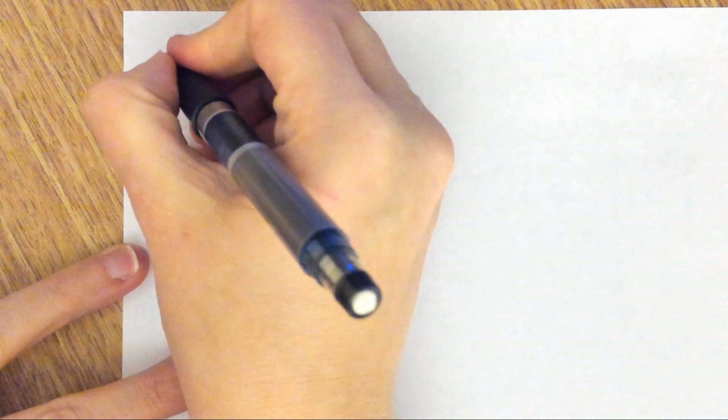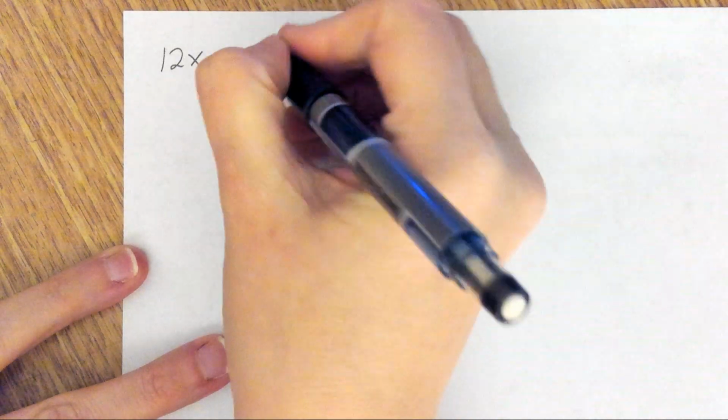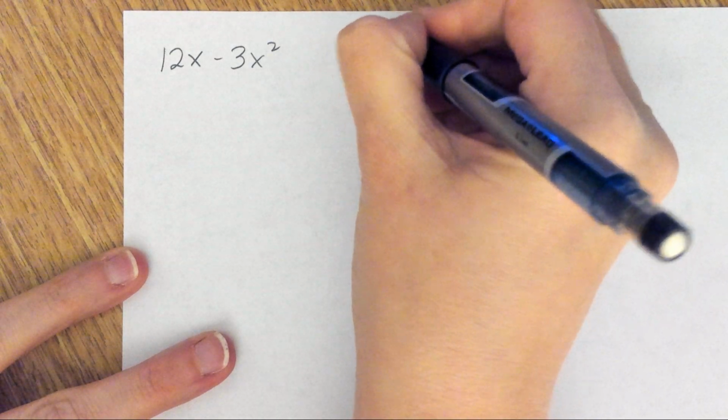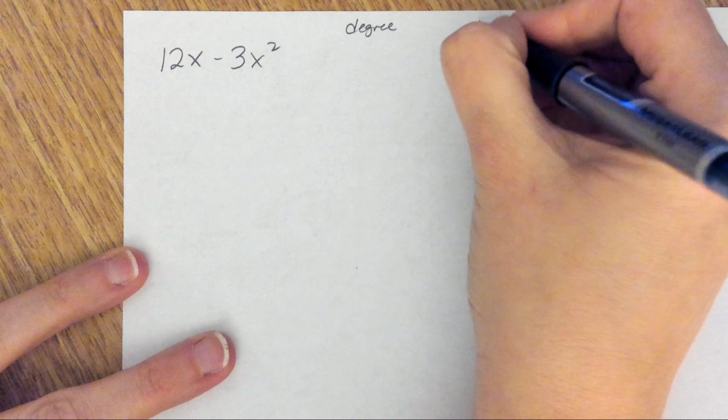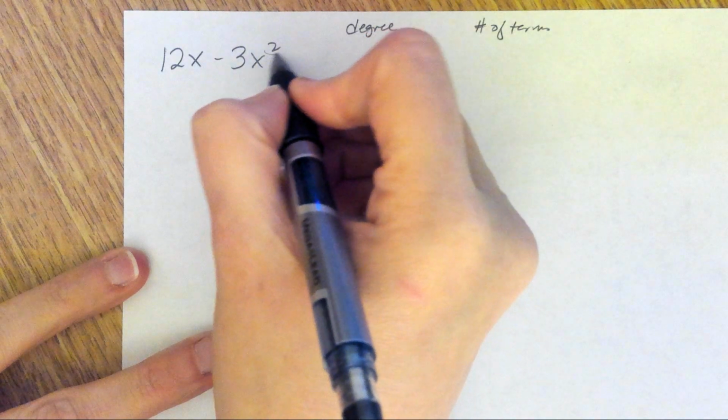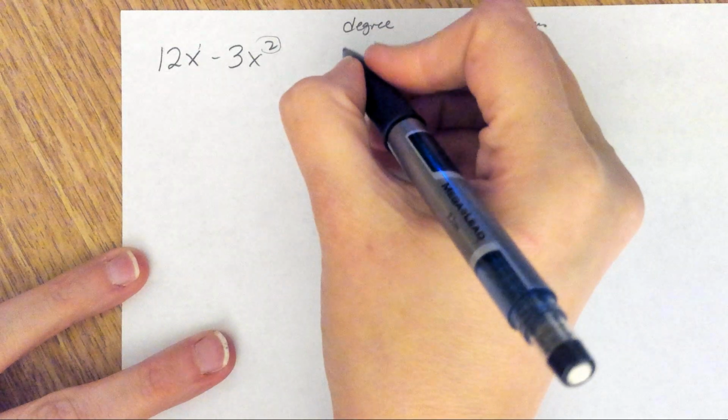So let's take a look at some where they're already combined and let's see what we would call them. So let's say we have 12x minus 3x squared. Okay, so its first name is by degree and its last name is by number of terms. Okay, well the highest exponent I see here is a 2, so it's quadratic.